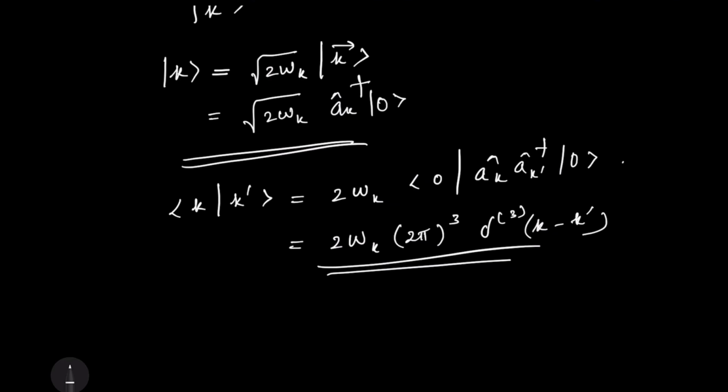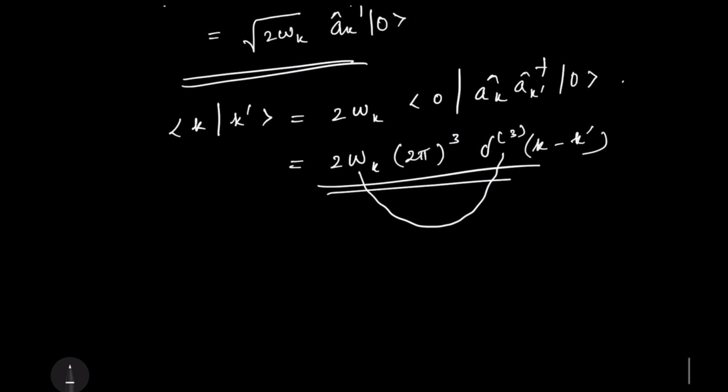Okay, so this is a good function. This will be a good object in terms of quantum field theory, because omega_k multiplied by the Dirac delta will transform smoothly under the Lorentz transformation.